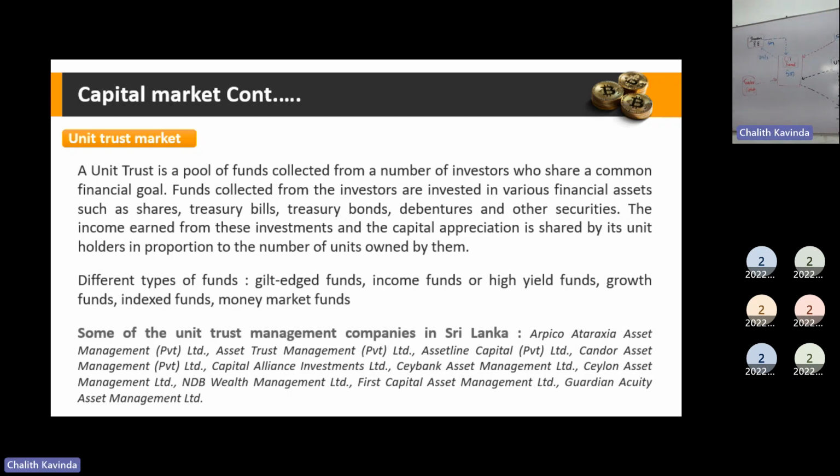So these are all the companies available. It's just filling the form, having the online know your customer discussion, and executing the application.